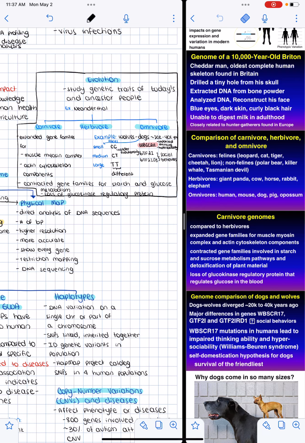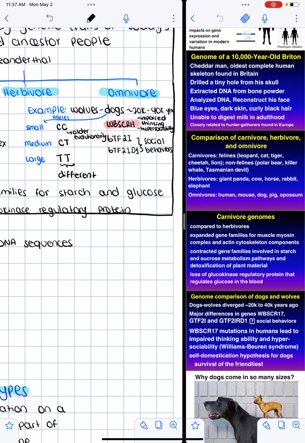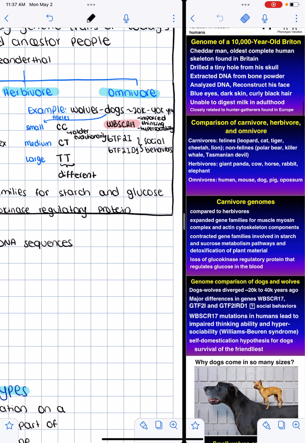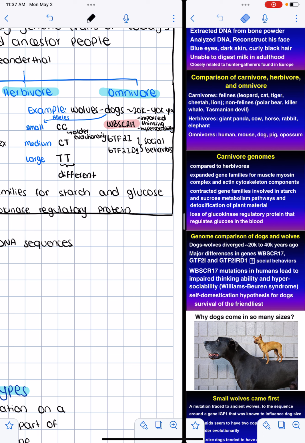Basically, this is due to a mutation in the WBS-CR17 gene, which is associated with impaired thinking and hypersociability. This gene has been found very pronounced in dogs, and also the GTF2I gene and the GTF2ID1 gene, since these genes are responsible for social behavior.